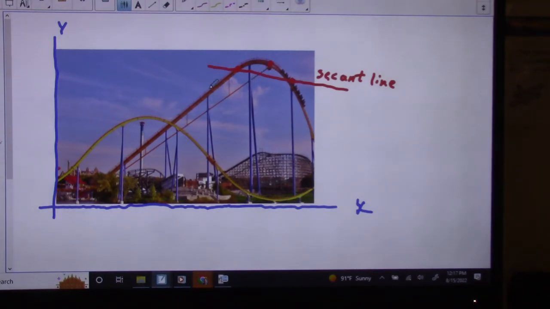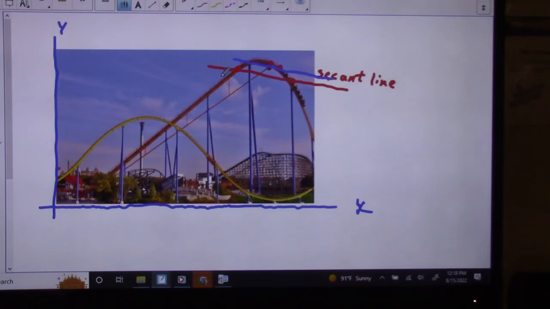Through the limiting process, we take these 2 points and make them infinitesimally closer. If we draw 2 points that are closer, we can draw another secant line, which, though still not the slope of the line at that point, is closer.